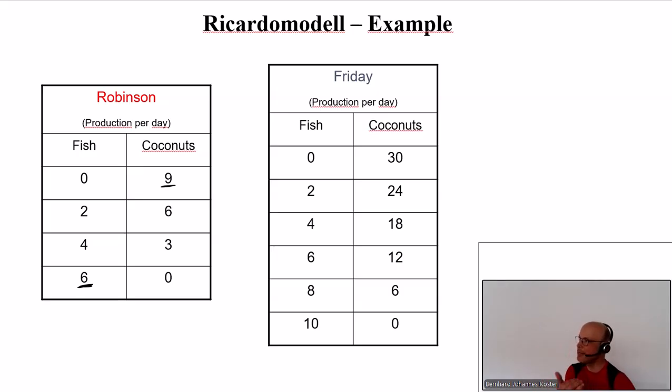Or he could split his time, half a day climbing on the tree and half a day standing in the water, and then he could choose a basket of 2 fish and 6 coconuts. And you see here, I constructed it again, going down by 3, going up by 2, so this is also a linear dependence. And you can assume in between these intervals you can extrapolate the production possibility also linearly.